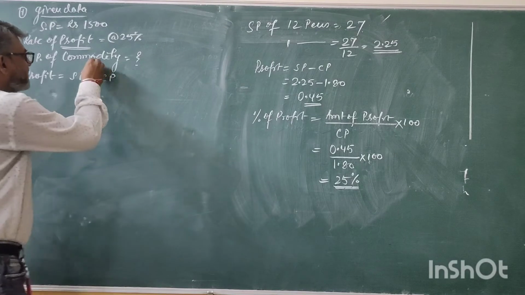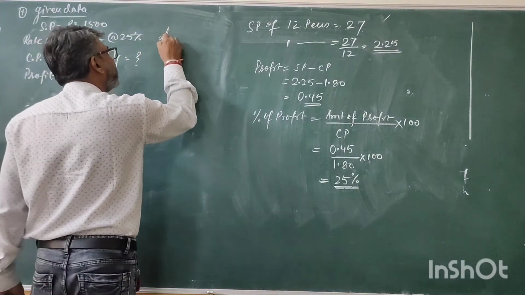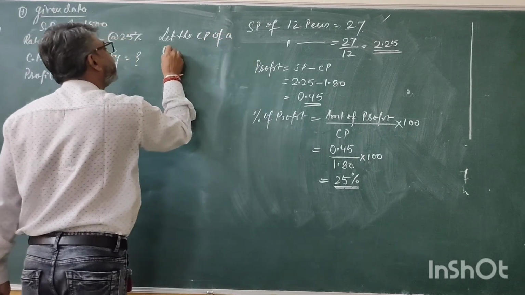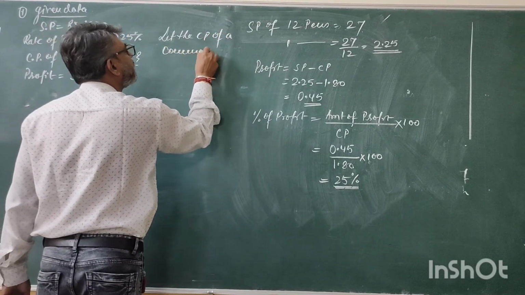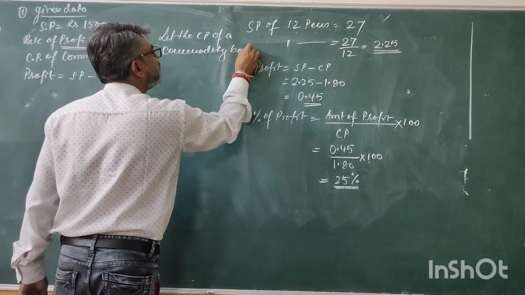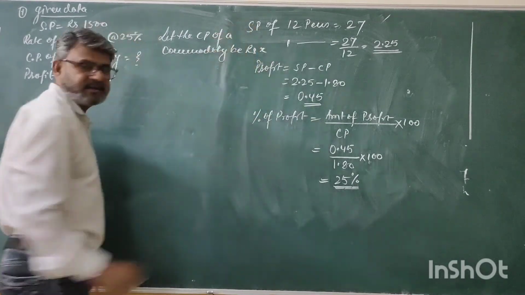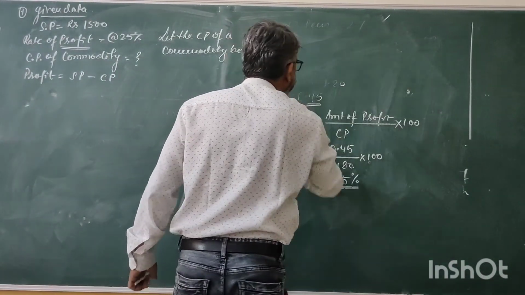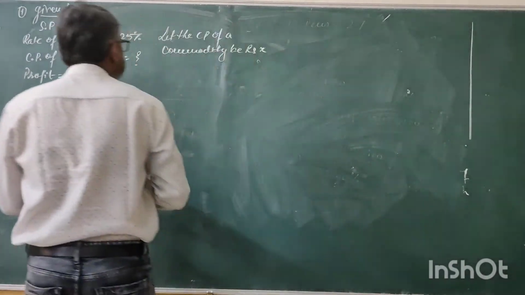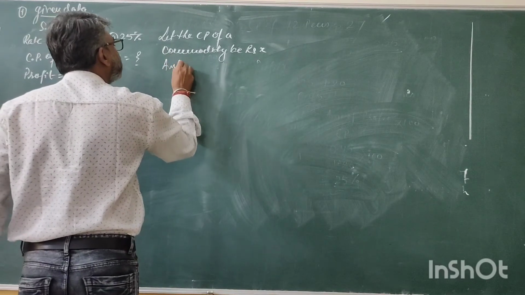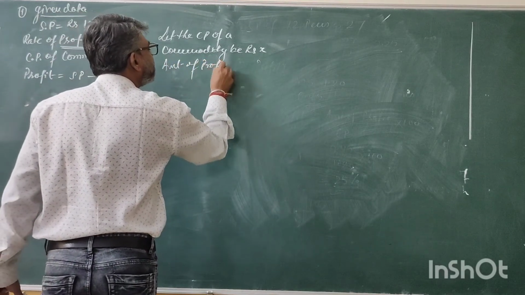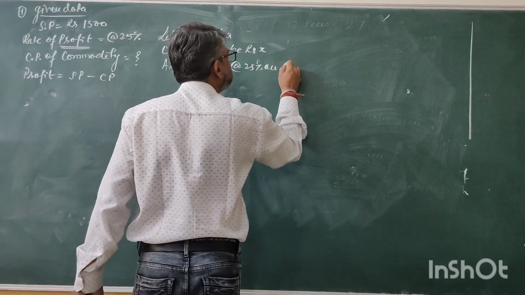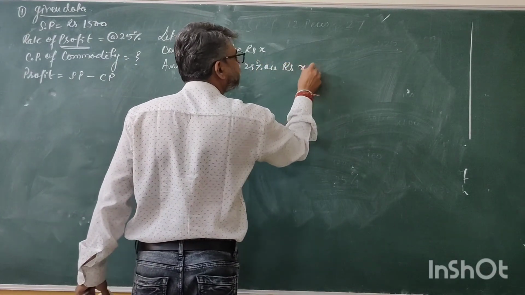Understand? Now CP is not there. Therefore, let the CP of the commodity be rupees x. Understand? Therefore, amount of profit at the rate of 25% on rupees x.